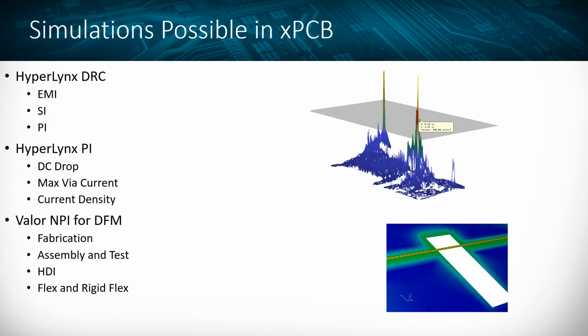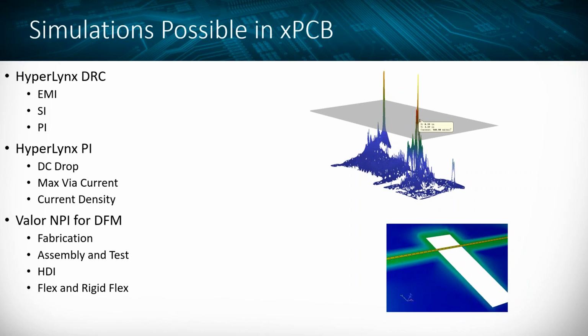And then we are also able to actually define the sinks, or the actual components that are sinking current off of that power plane. We can define all of that and have constraints for maximum allowed voltage drop, maximum current density for your vias, and then the actual current density throughout your plane. All right, so we're able to visualize all of these directly in the Xpedition Layout space once we have simulated that.